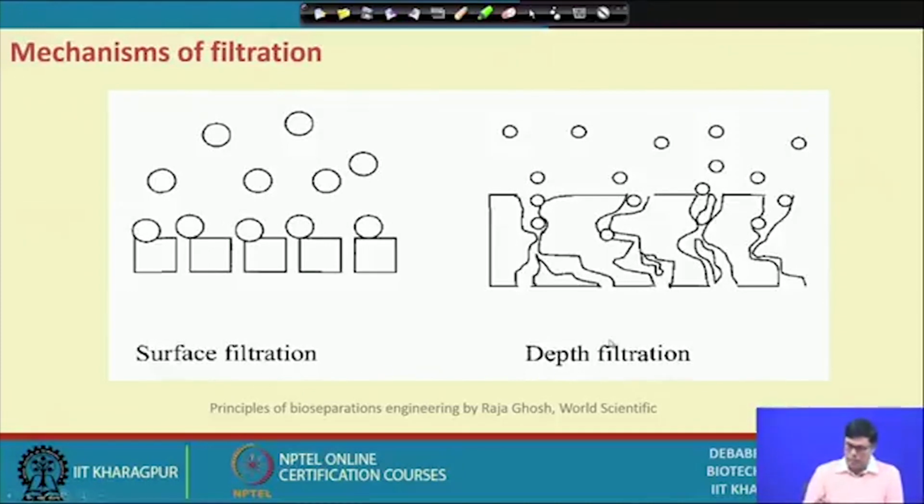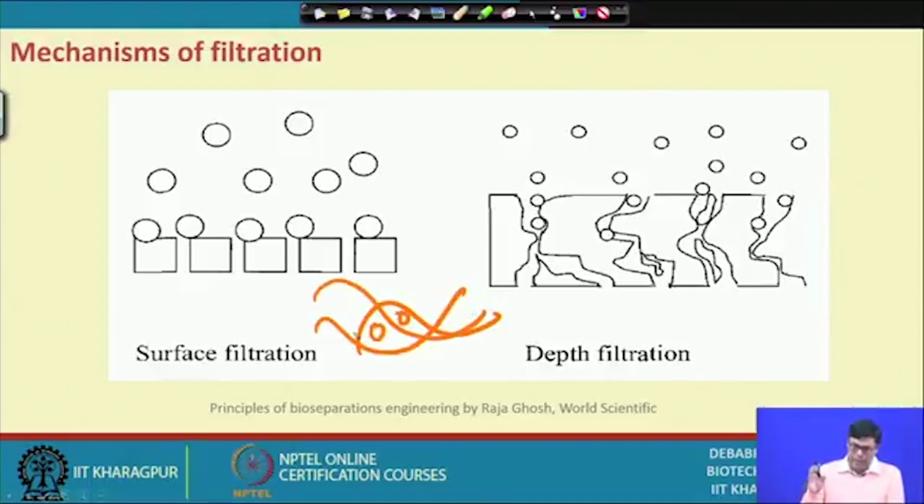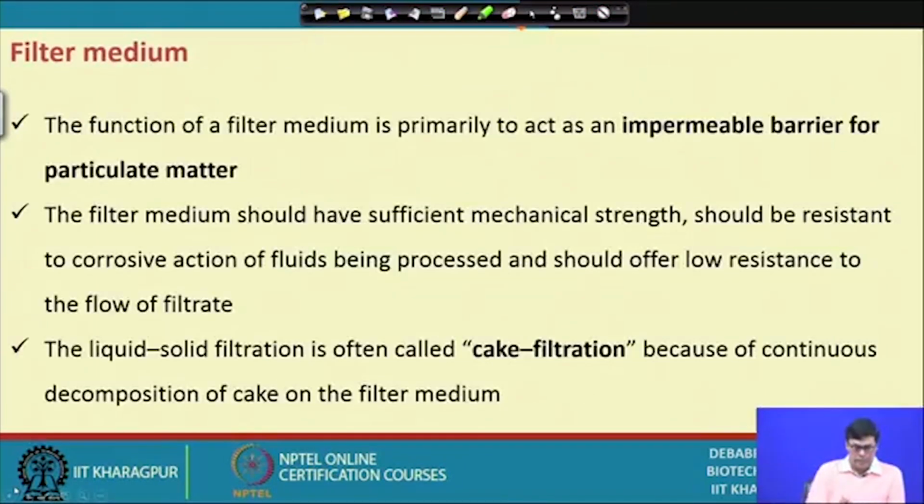In the case of depth filtration, the particulates are accumulated not only at the surface but also inside the pores. This has some resemblance to fiber filtration. We have also shown you how particles are entrapped within the fibers.